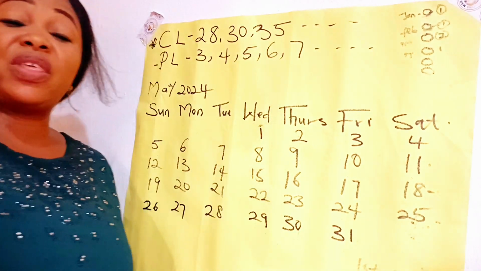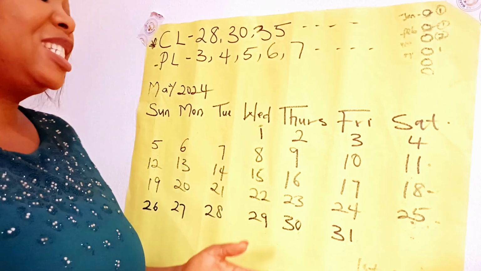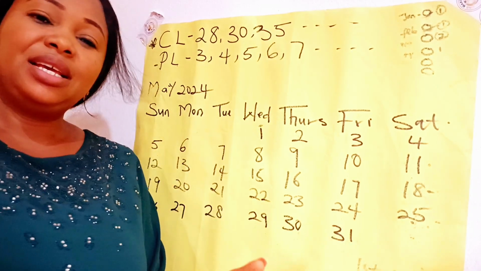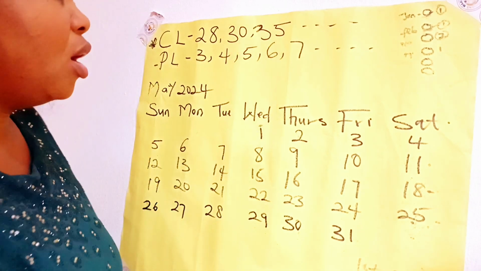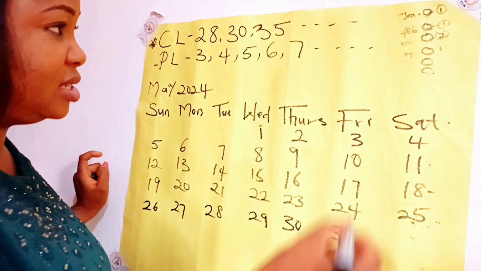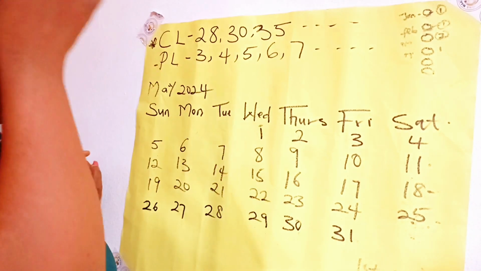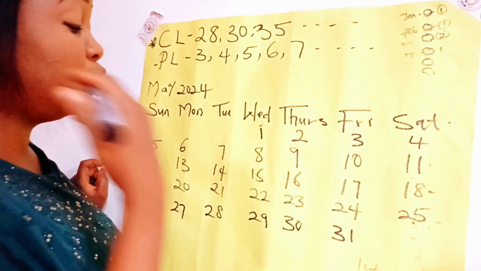Now, another thing, not to confuse you, is that your cycle length may not be perfectly 25 days or perfectly 30 days all through. Now, take note of this. It is usually plus or minus 2 days or even 3 days, okay? Let's use plus or minus 2 days.